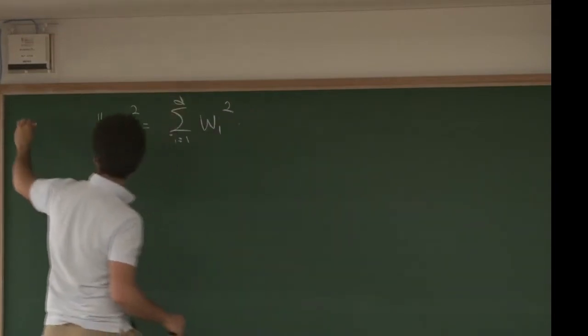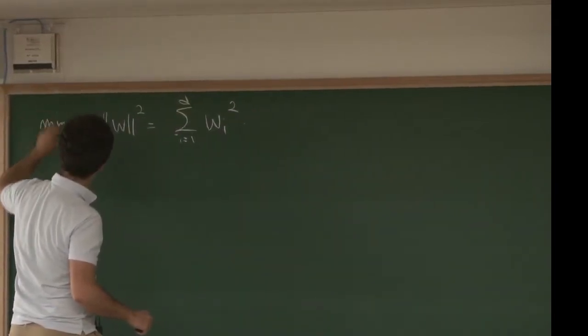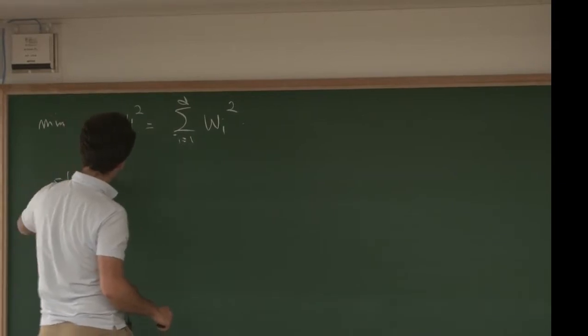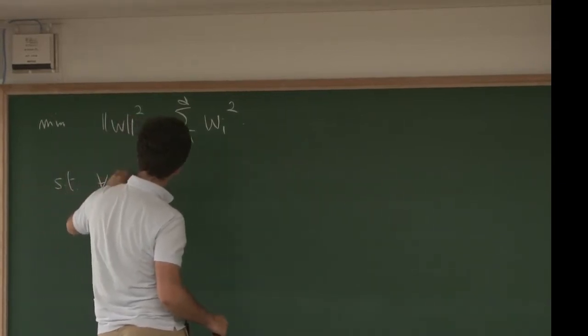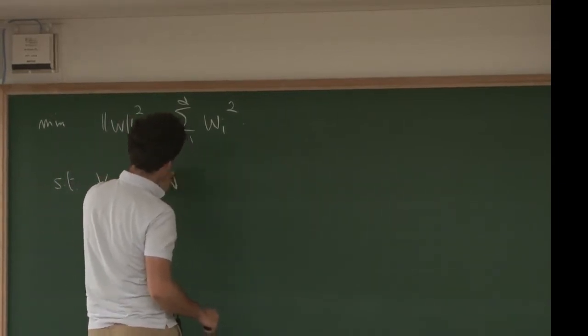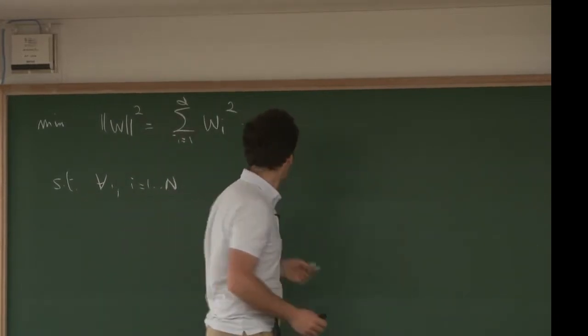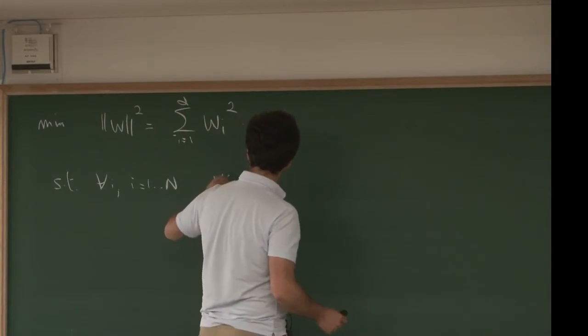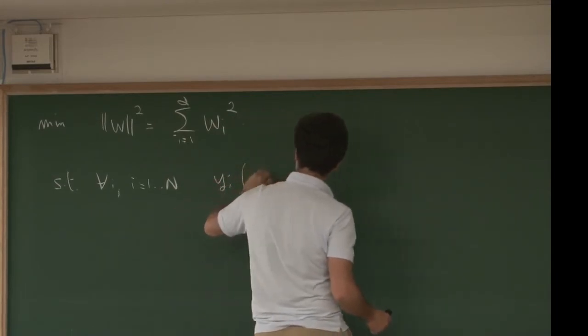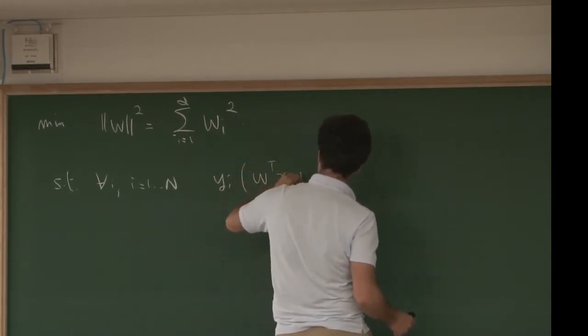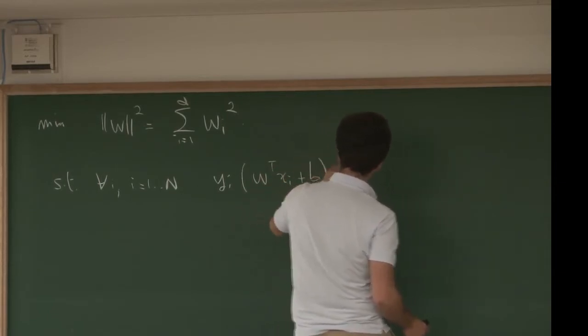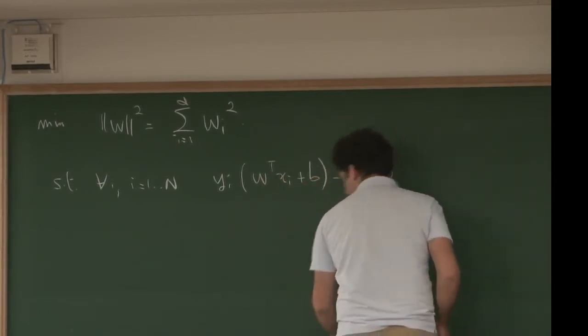So we want to minimize this, with the constraint that for all i equals 1 to n, we have n constraints, n being the number of points, yi times w transpose xi plus b minus 1 is non-negative.